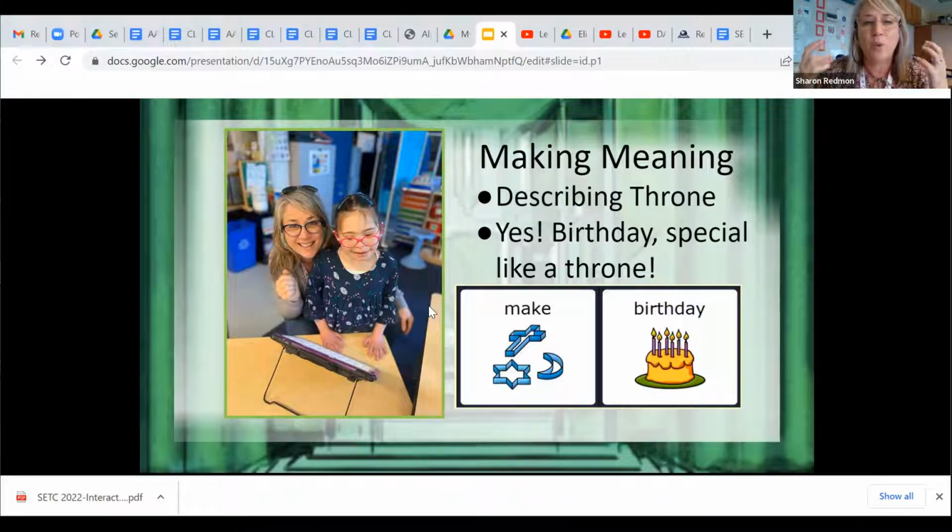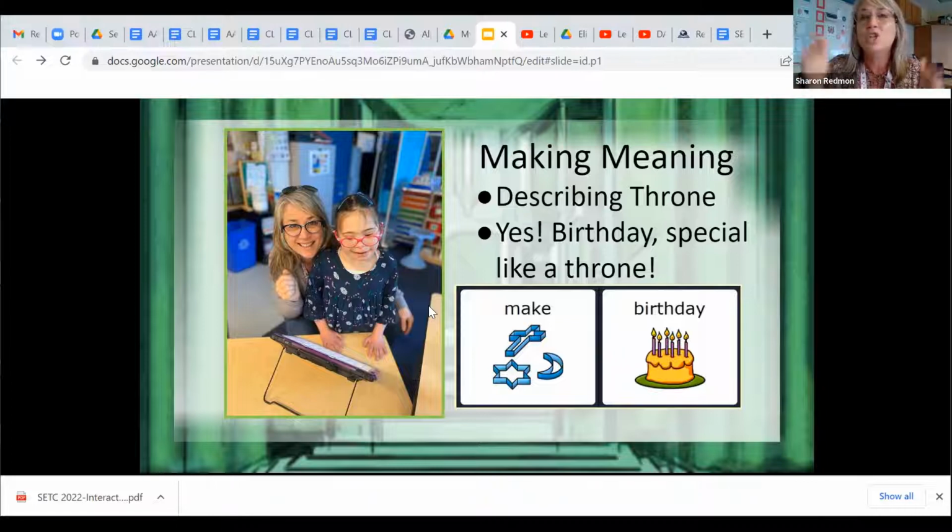I mean, talk about the rigor that happens with that. I just was in a PD this afternoon talking about rigor and what that means. She took it to another level. She made a huge connection about what the throne was. It wasn't just what it looked like, a big green chair that stood in the front of the room.